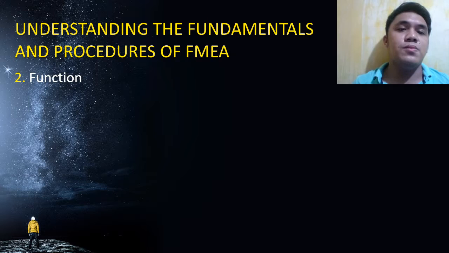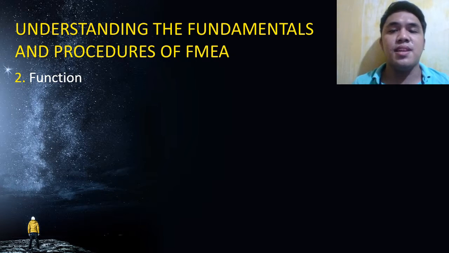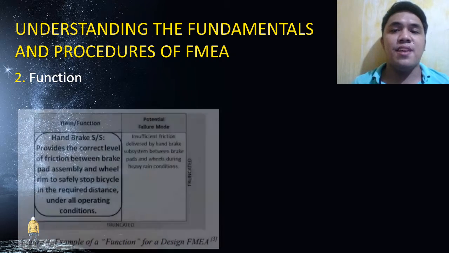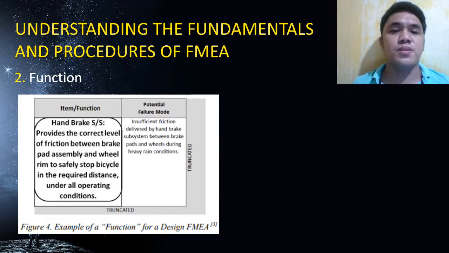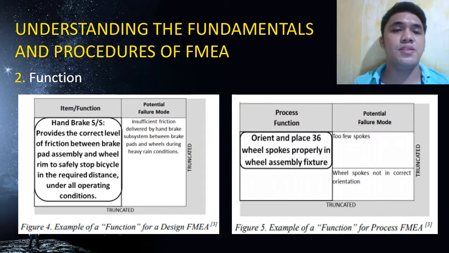For number 2, its function. It is what the item or process is intended to do, usually to a given standard or performance requirement. For design FMEA, this is the primary purpose or design intent of the item. For the process FMEA, this is the primary purpose of the manufacturing or assembly operation. Functions are typically described in a verb-noun format.